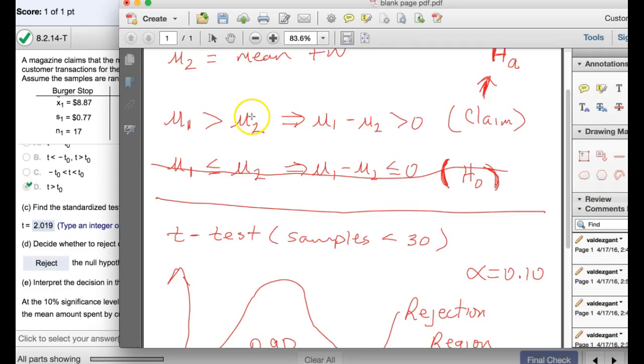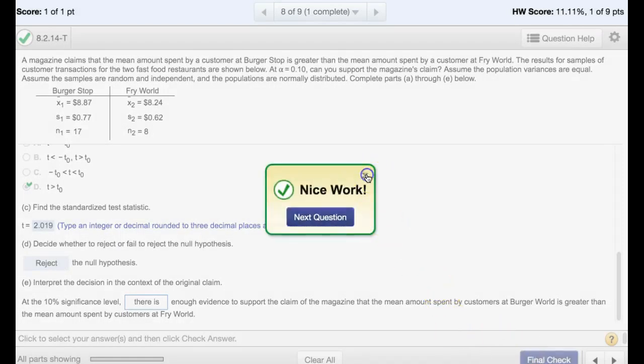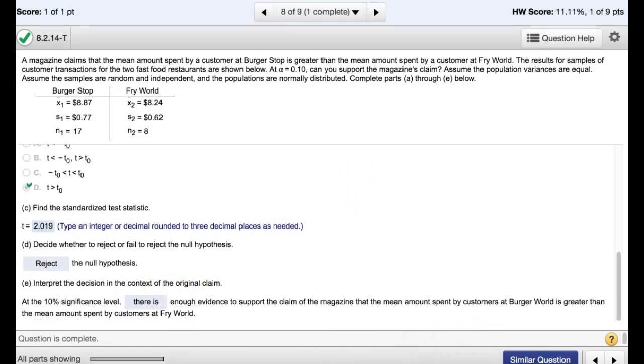So our claim here is actually something that we can support. So we know that at 10% significance level, there should be enough evidence to support the claim of the magazine that the amount that's spent at Burger World is more than at Fry World. And so that concludes this example. Hope this helped.